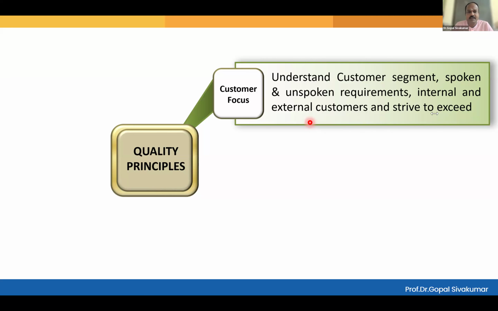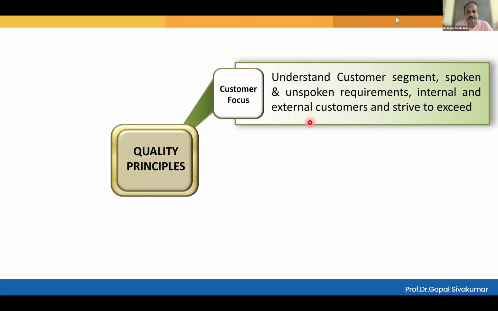The impact will be intense and negative. However, if the failure is internal, they can come back and tell you, sir, something is going wrong, can you do something on it? And then you have a chance to rectify it internally. That's the classification, right?